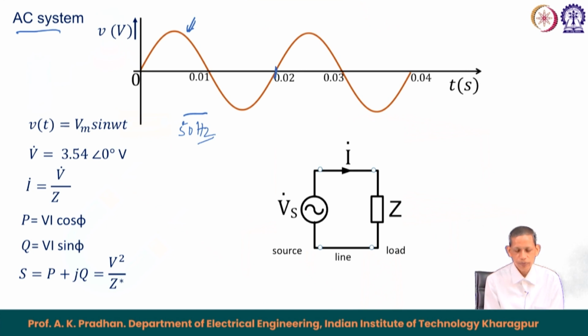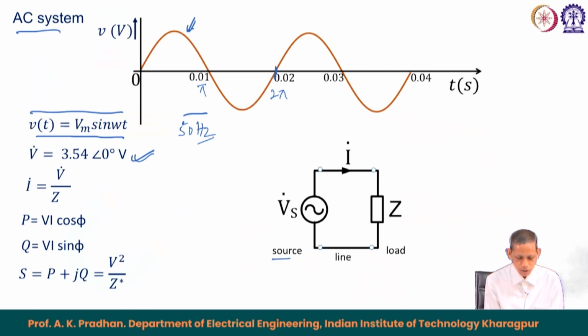This is 1 cycle, corresponding to 2 pi in omega t terms, theta term, and this is pi. Such a sinusoidal signal V t can be represented in terms of phasors, like 5.5 volt with 0 degree, 7 ampere with 20 degree, and so on.